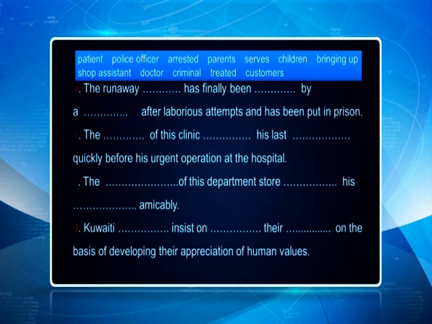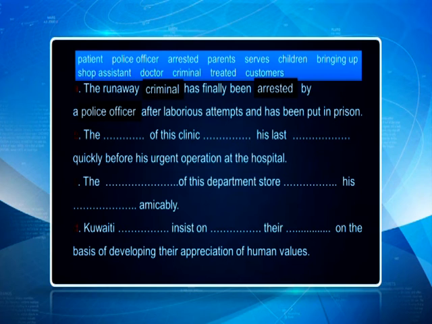So the runaway, what? The criminal, excellent. Has finally been, and we need a verb, has finally been arrested by a, we need a noun, and what is this noun? By a police officer, after laborious attempts and has been put in prison. Excellent.